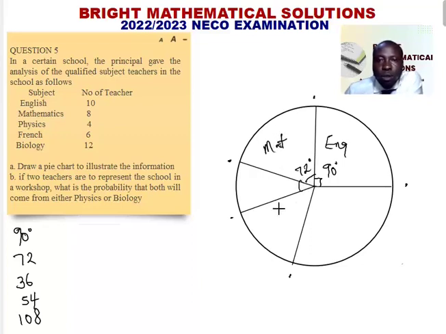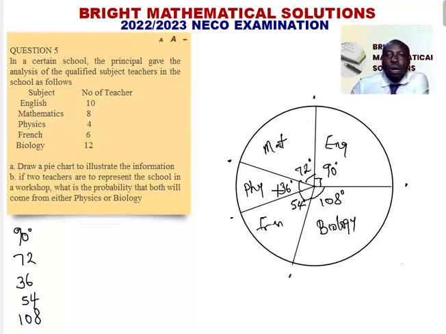So for this, we have 36 degrees, and that is for physics. So for this, we have 54 degrees, and that is for French. And for this, we have 108 degrees, and that is for biology. So we've been able to draw our pie chart.